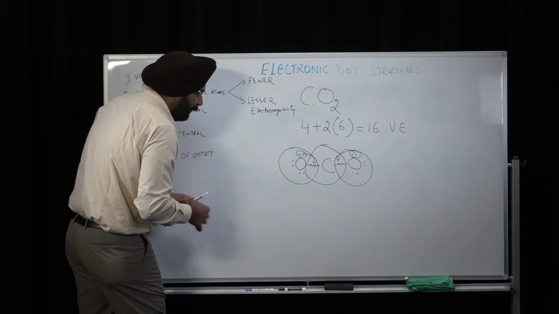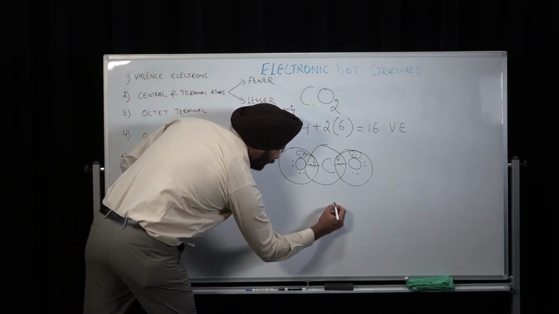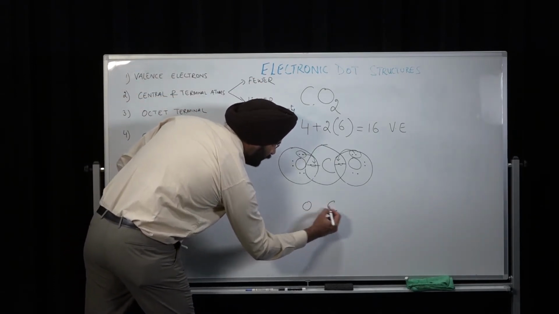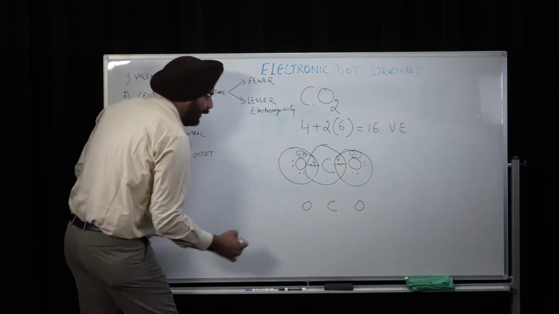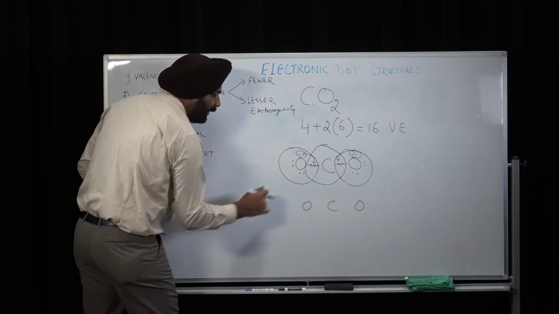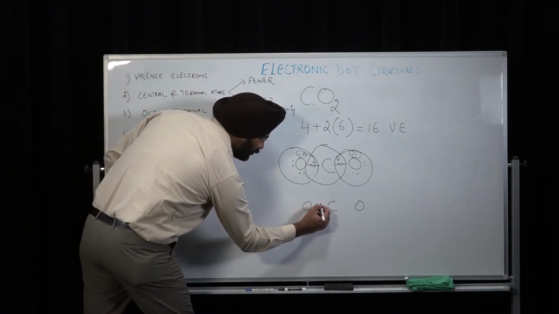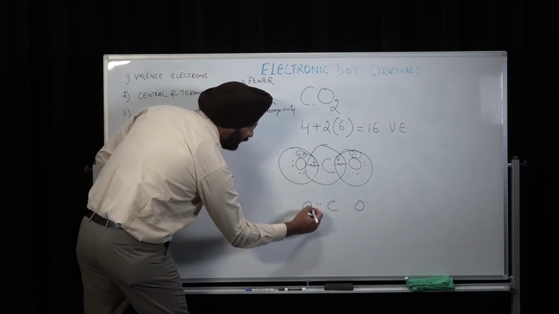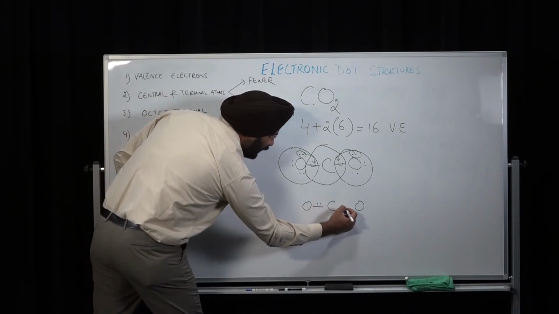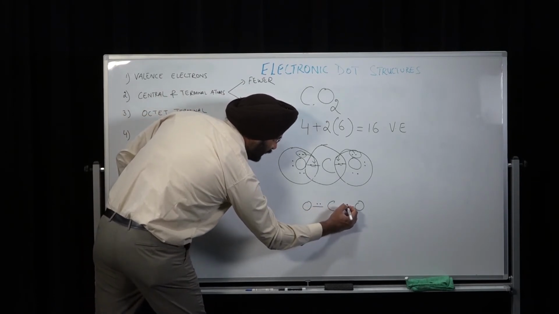So let me write this here. You have carbon, you have oxygen, and you have arranged 2 electrons from this position to there. So you have 2 electrons there, and then you have a bond, then a bond, and 2 electrons.